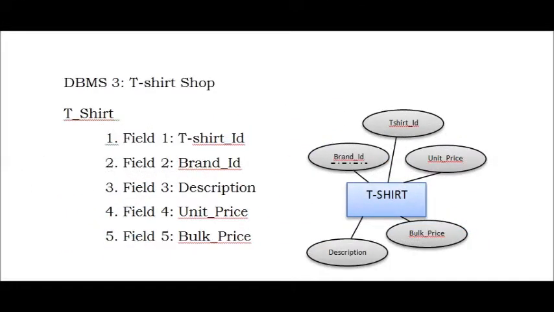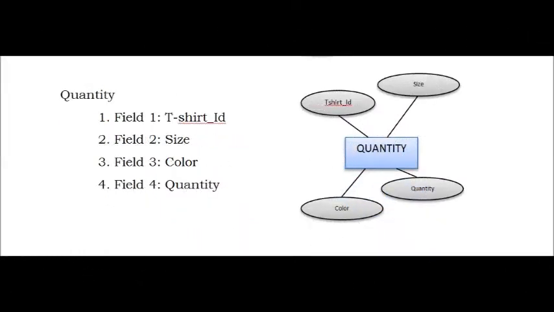So as you can see, I have ready-made t-shirt ID, brand ID, description, unit price, bulk size fields transformed into the attributes of my t-shirt.